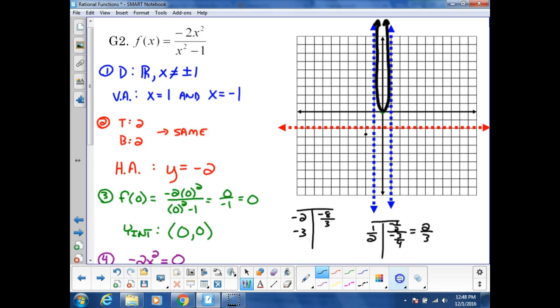Negative 3 squared is 9 times negative 2 is negative 18. Negative 3 squared is 9 minus 1 is 8. That's going to be negative 2.25. Do you see the curve already? Yeah, see the curve?